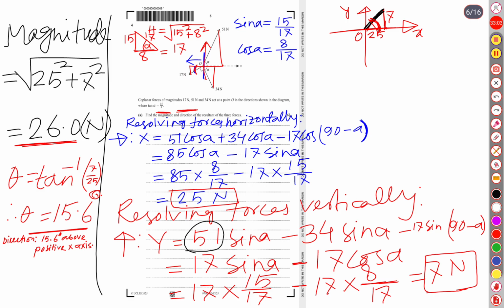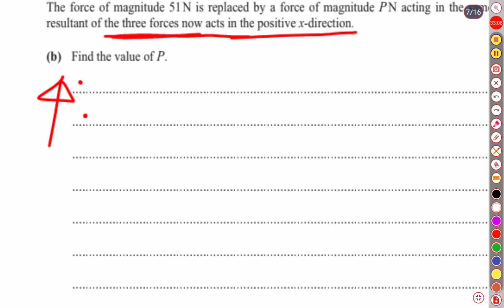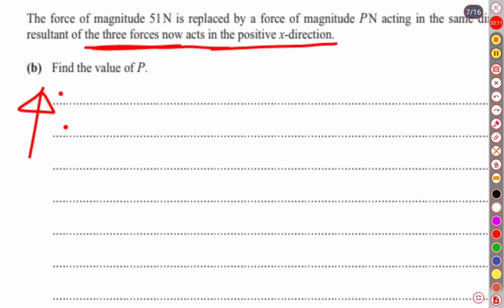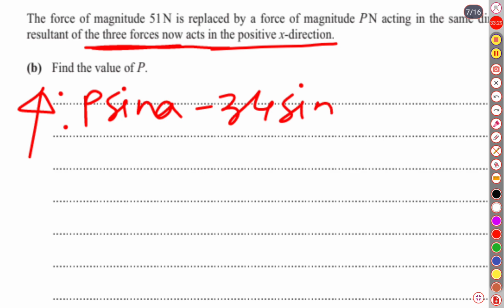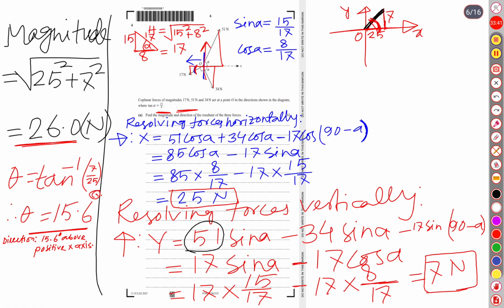The rest of the part will remain unchanged except 51. 51 has been replaced by P sine alpha, then minus 17, let us see what it was, minus 17 sine (90 minus alpha).